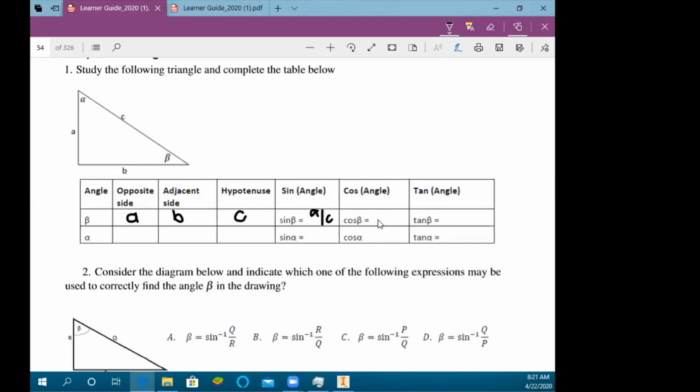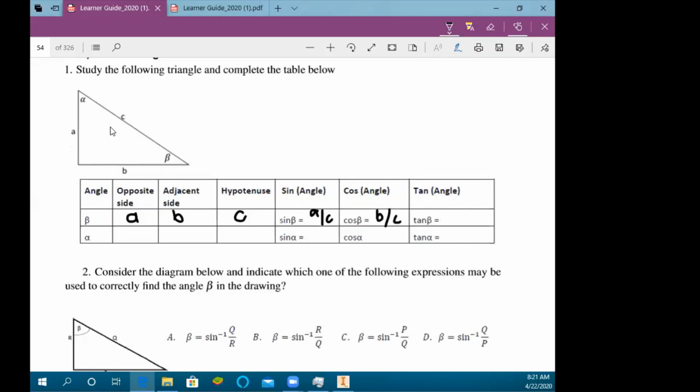Now we look at the fifth column, the cos ratio of the angle beta. Cos is the ratio of the adjacent to the hypotenuse.